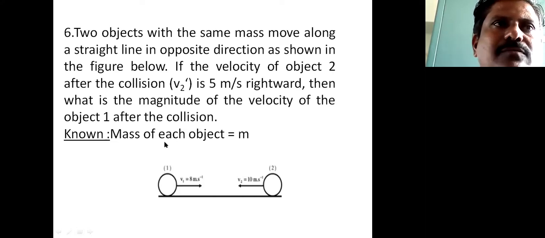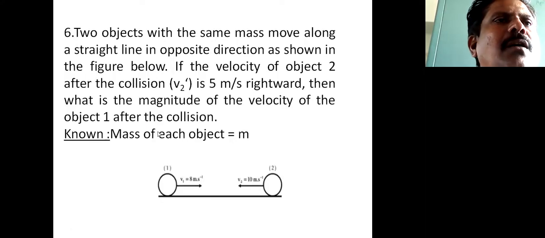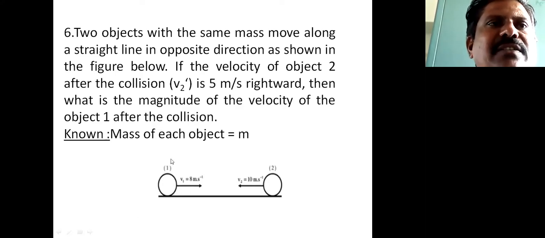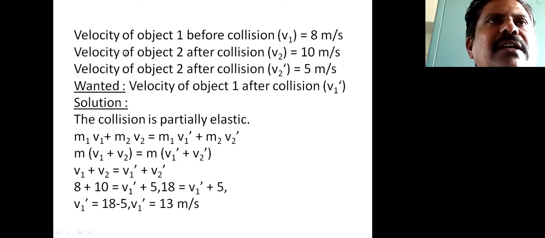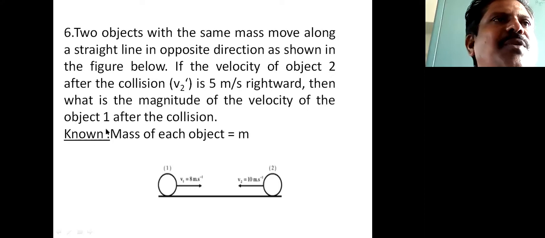The mass of each object is m. Two objects with the same mass, so m1 and m2 both equal m, which means the two are identical in mass. The given things are: the velocity of object 1 before collision is 8.